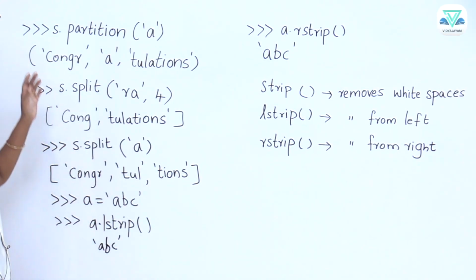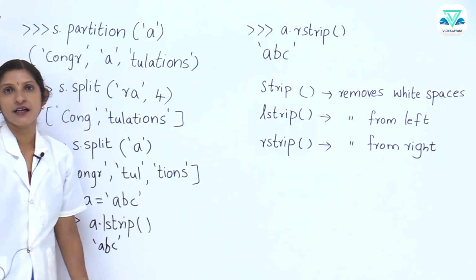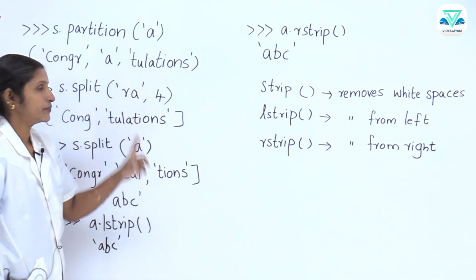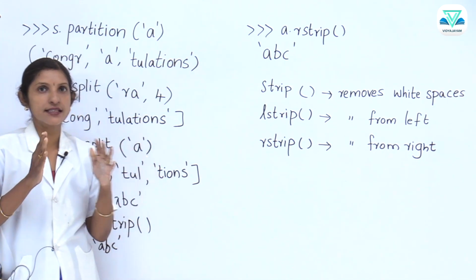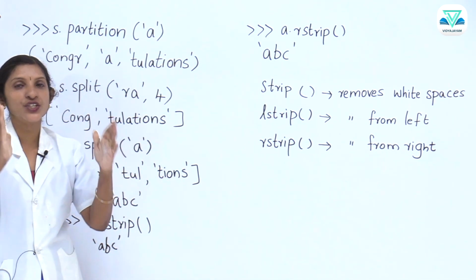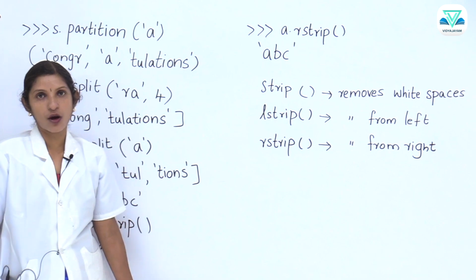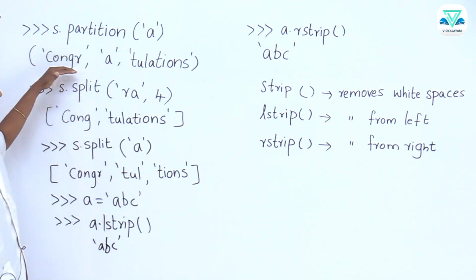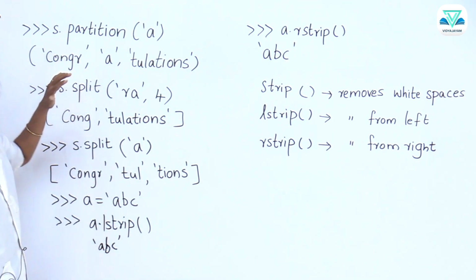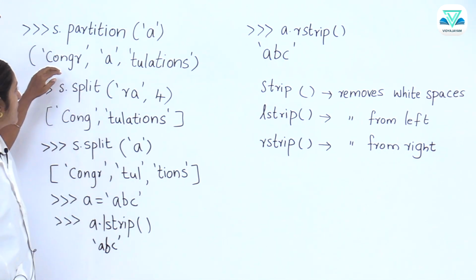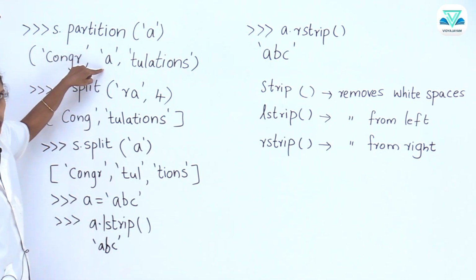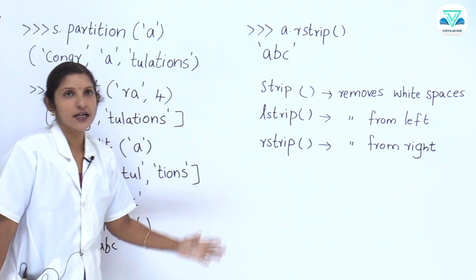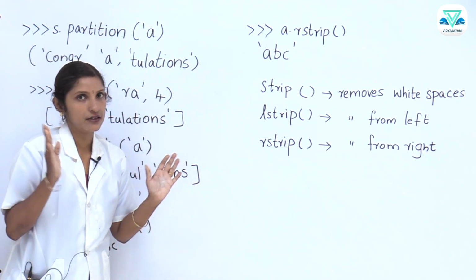Our next function is s.partition. In single quotes it is given 'a'. That means wherever a comes in the word or in the sentence, there we have to partition, we have to break that word or sentence. Here congratulations is the word, so we are splitting it after CONGR because a is coming over here, and then the rest of the word comes together.